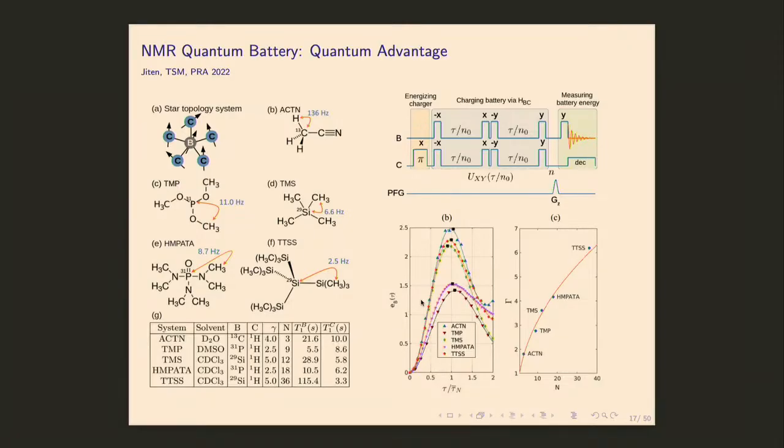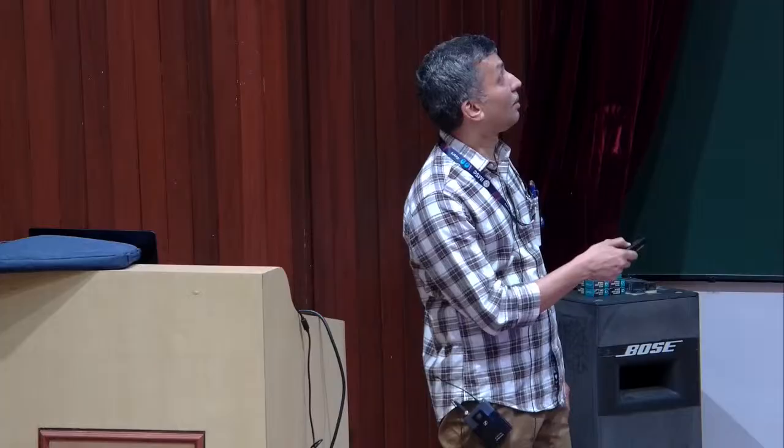This is a standard NMR way to measure population. No, this is field gradient. It is like in an MRI machine, you apply a field gradient. We also apply field gradient in NMR to dephase all the transverse magnetization, so that you can measure only the population.